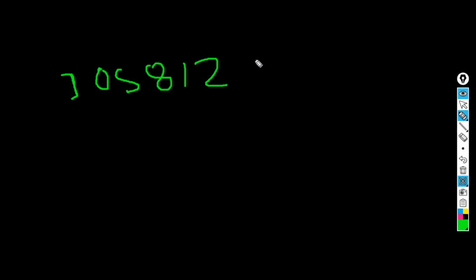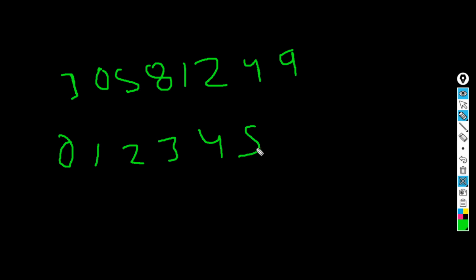Let's take two more, 4 and 9. From the hint we know that we have to sort it, so directly we sort it: 0, 1, 2, 3, 4, 5, 8 and 9.